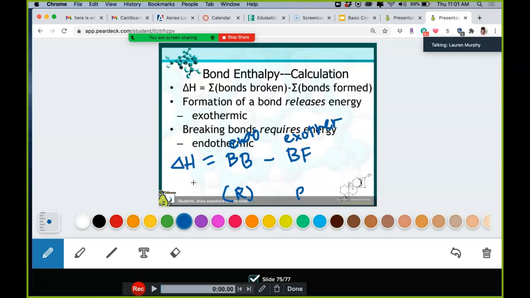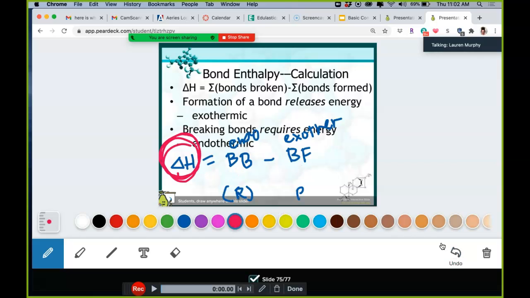So whether the overall process is exo or endothermic depends on these two numbers. If this is a big number compared to this number, so if it takes more energy to break bonds than you get out of forming new bonds, the overall process is endothermic.